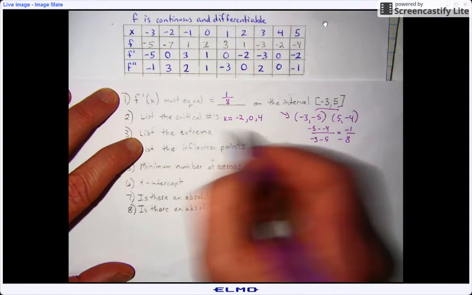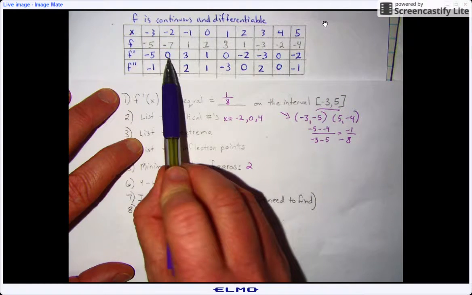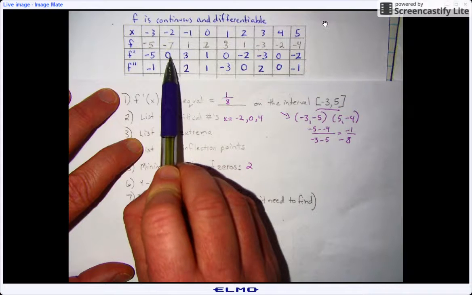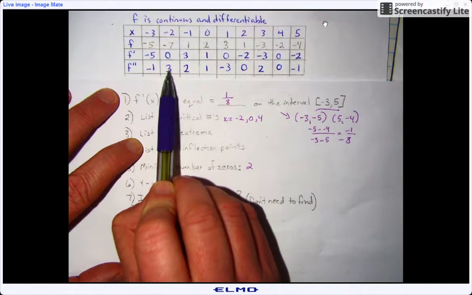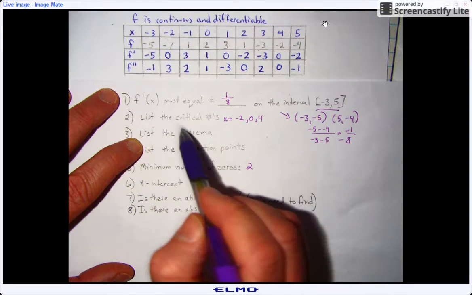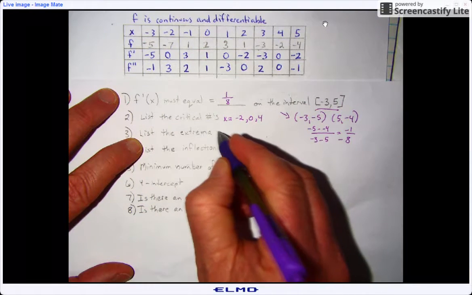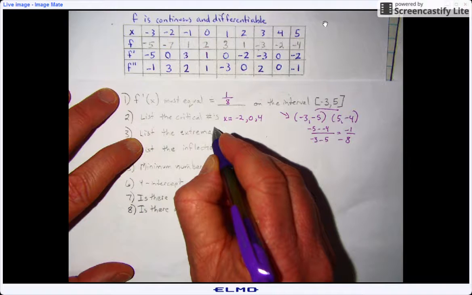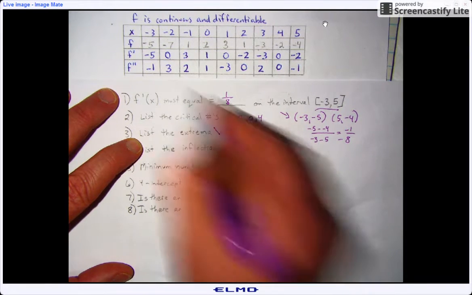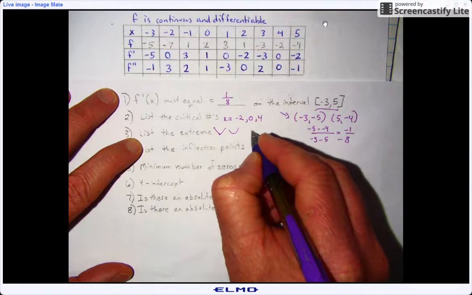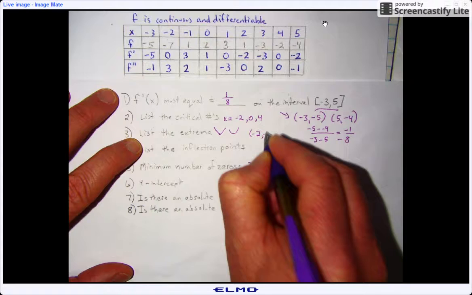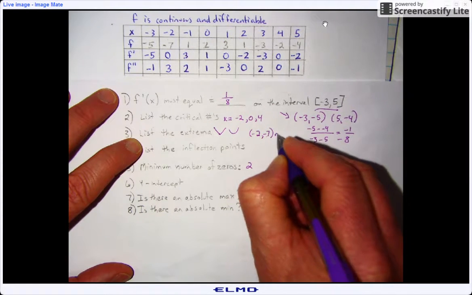Okay, so there's 2 ways to test it in the table. Go to your first critical number, which is at x equals -2. That's concave up because of the second derivative. It also goes from a negative slope to 0 to a positive slope. So whether you test it negative slope, 0, positive slope, or concave up at -2, -7, we have a relative min.